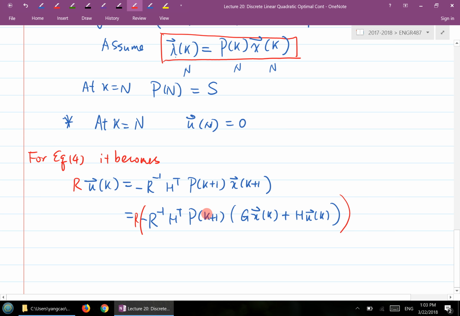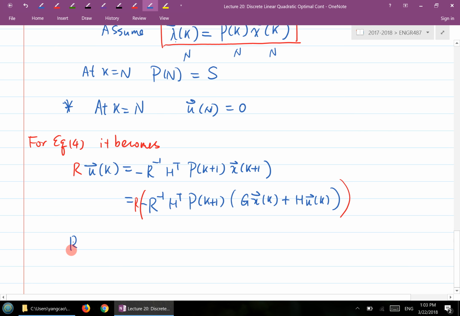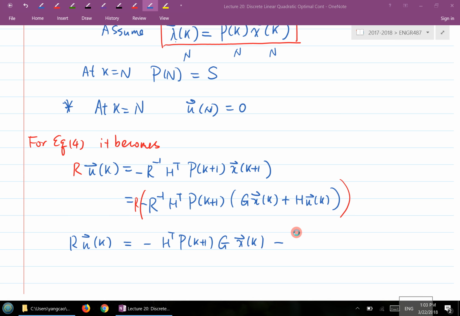So you get R u of k equal to negative H transpose P times G times x, minus H transpose P times H times u, expanded.